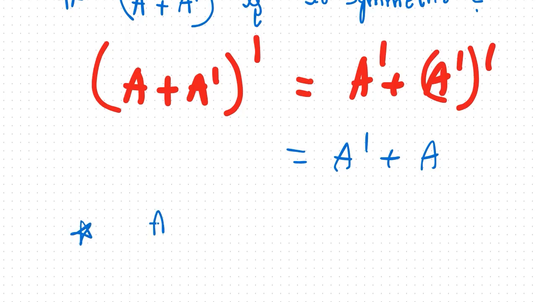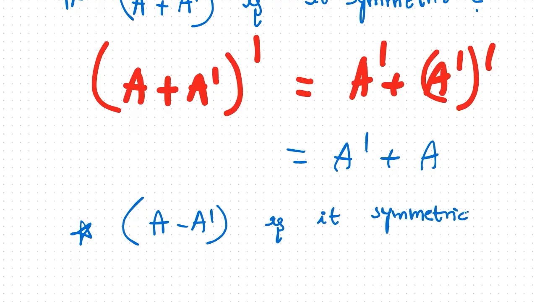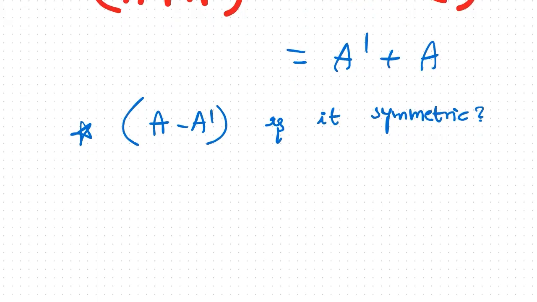And what about A minus A dash? Is it symmetric or skew symmetric? Skew symmetric, because of the minus.